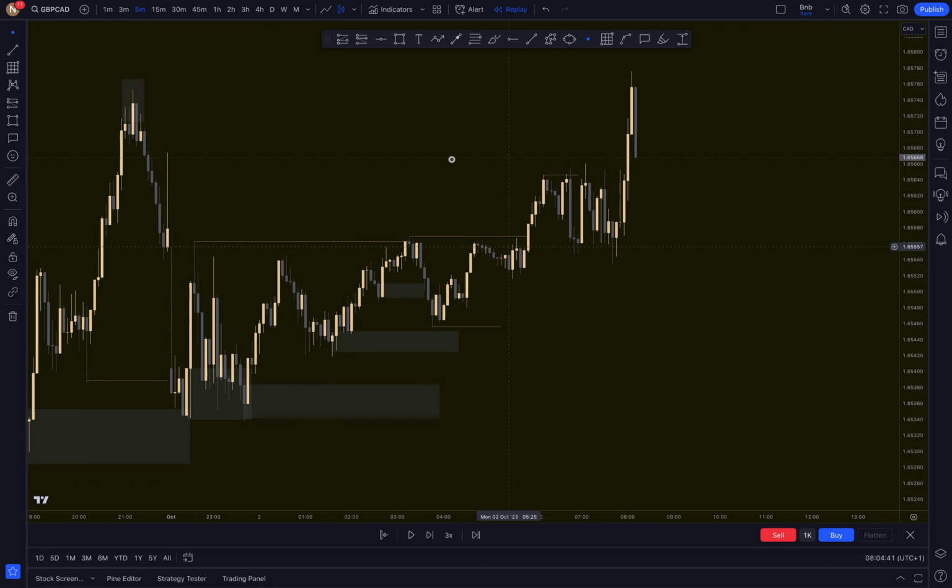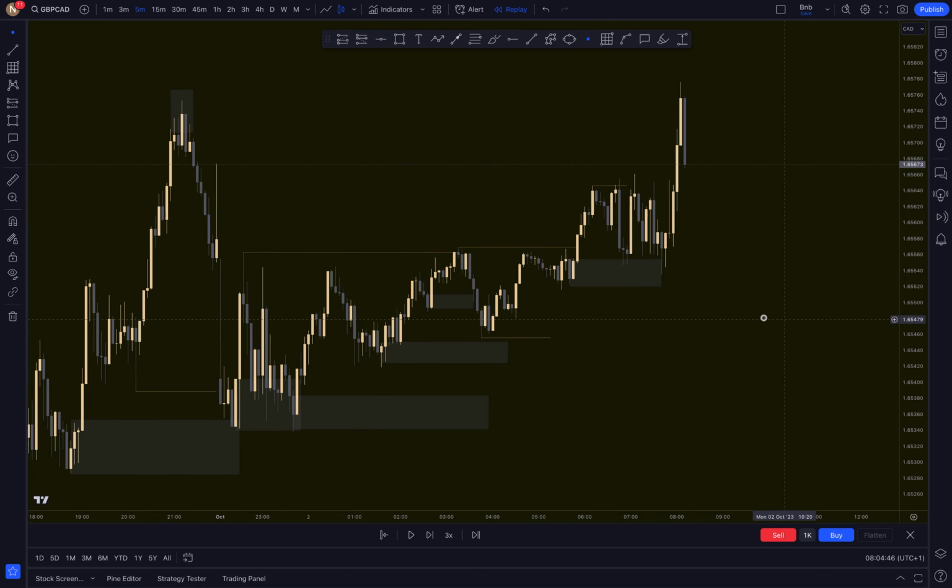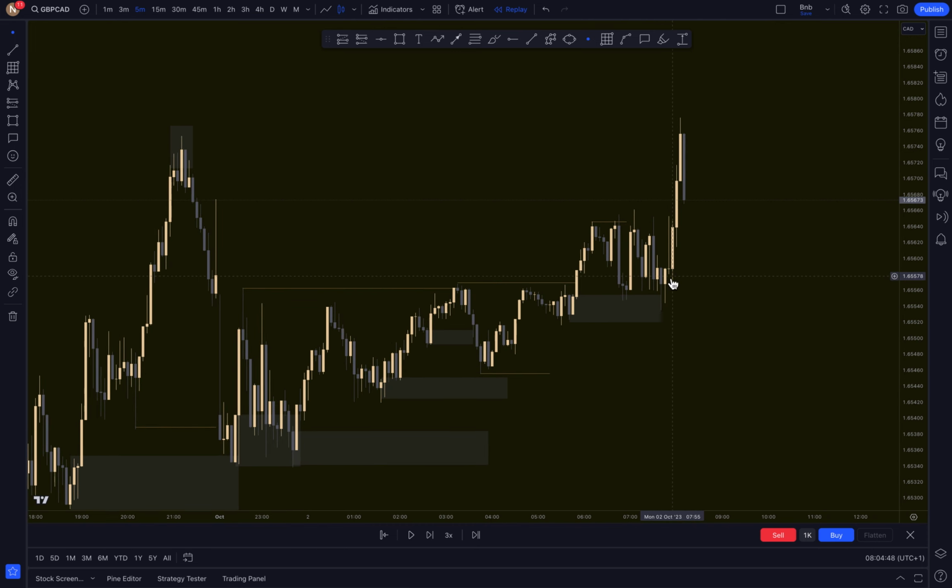See what price did? Came to the flip zone, right? And moved off. Now, as price has moved off from this guy, where is our new area? Now, it has taken structure. Mind you, it has completed our bias, right?